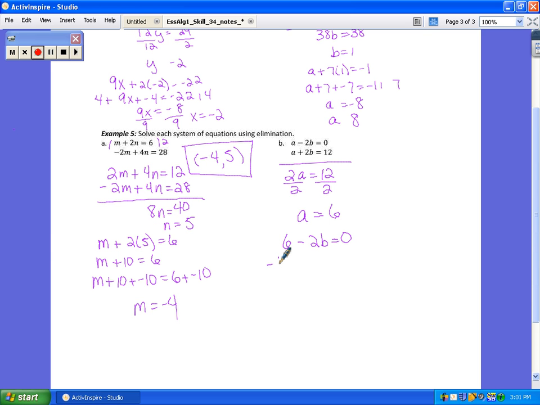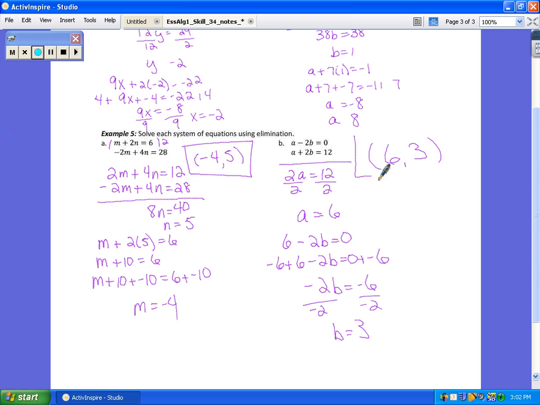Add a negative 6 to both sides. And negative 2b equals negative 6. So if I divide by negative 2, I get b equals 3. So we're alphabetically 6, 3.